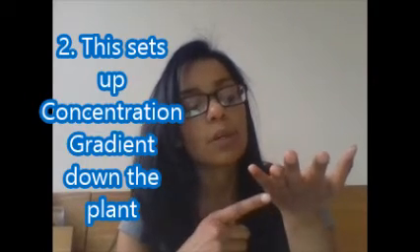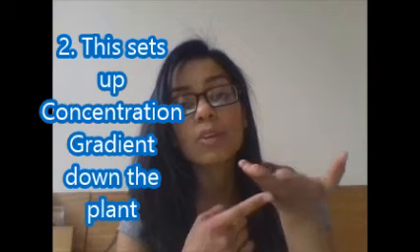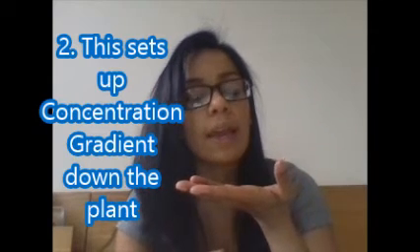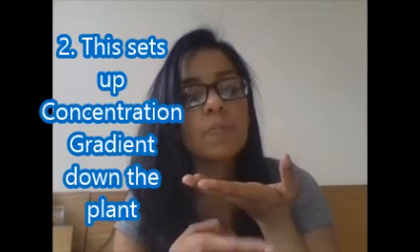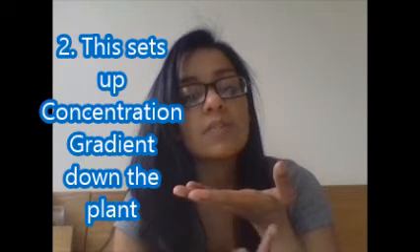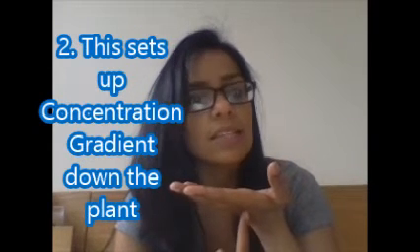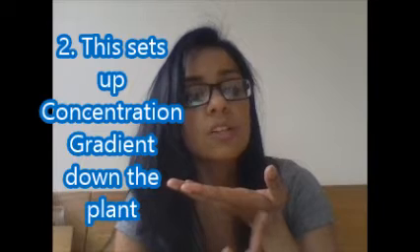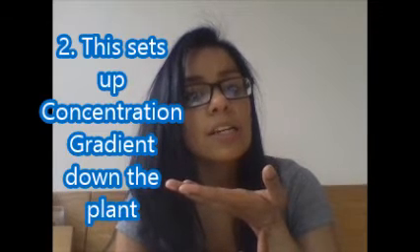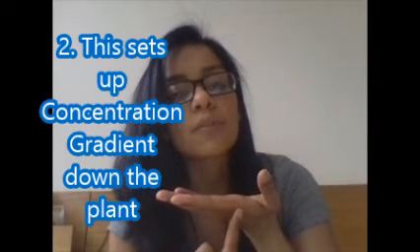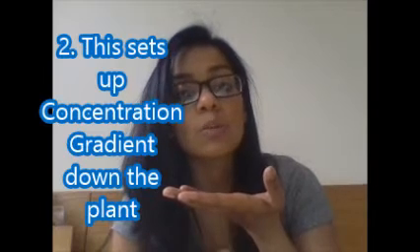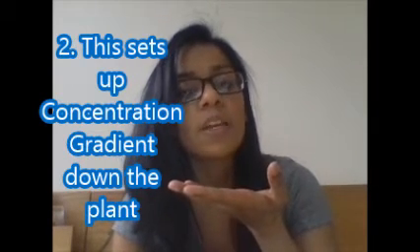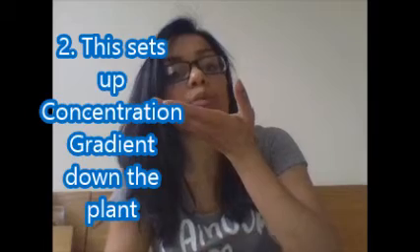What that means is, because the water is going from where there's a high concentration inside the leaf into the air where there's a low concentration, the water leaves suddenly a place in the leaf where there's less water, so it's a low concentration. So then the high concentration behind that place goes to try and fill up that place that was emptied because the water escaped through evaporation. And that carries on happening down the plant.